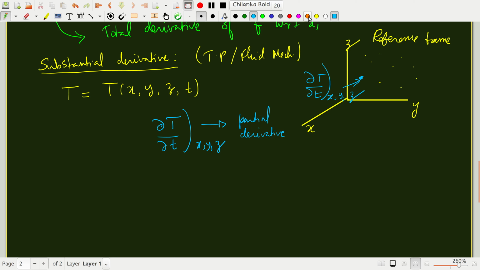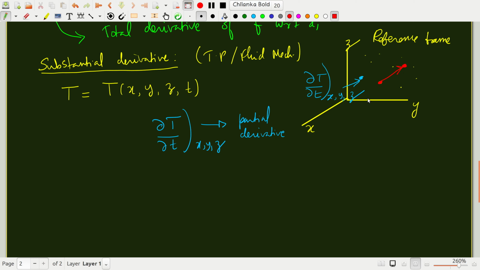Now often in fluid mechanics and heat transfer, especially involving fluids, you have a given material point in the flow of fluid, marked in red here, and you would like to measure the rate of change of temperature as you follow that particular point as a function of time.